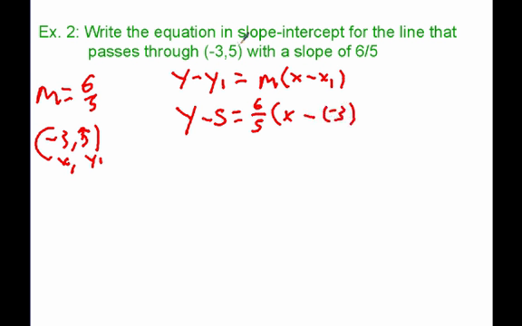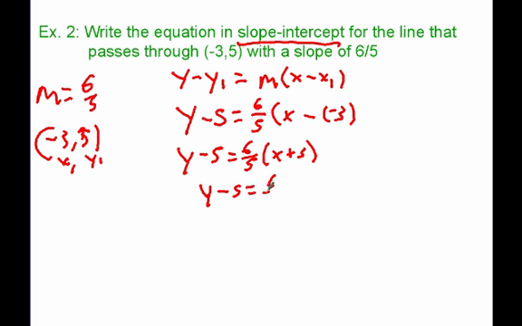Now it says to put the equation in slope-intercept form, so that means I need to solve for y. So y minus 5 equals 6/5 times x plus 3, since minus a -3 is plus 3. That means y minus 5 equals 6/5 x plus 6/5 times 3, which is 18/5.